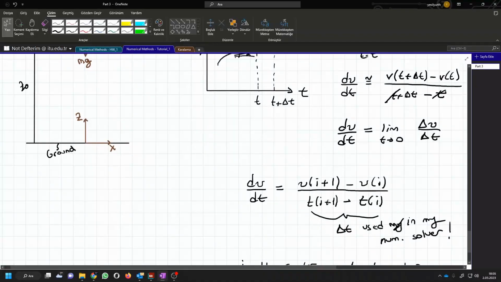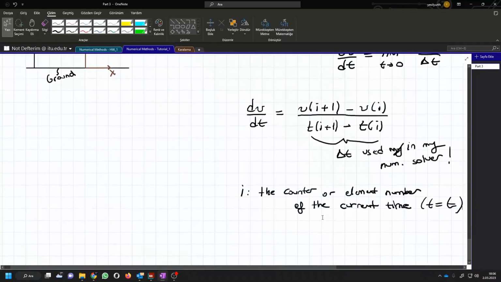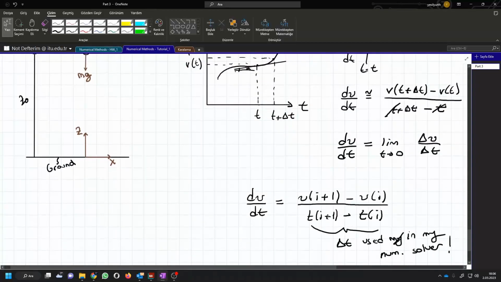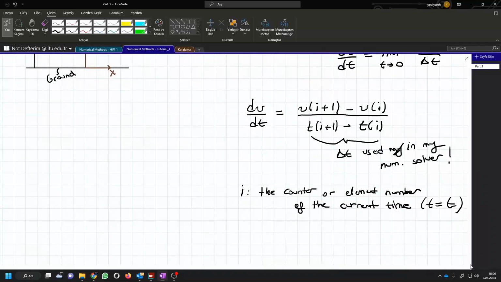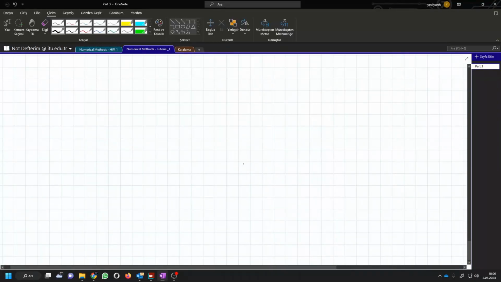That's why this is called the forward Euler formula. In other words, we can calculate the forward values of our function using the current values of our function. So this is like an estimation. We can accept that as an estimation.